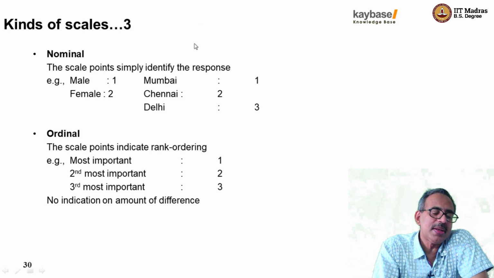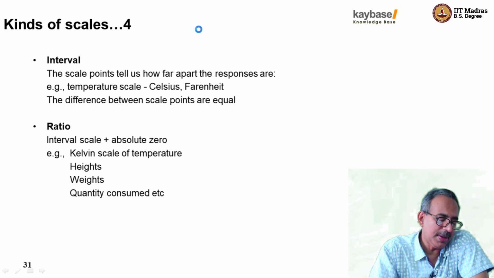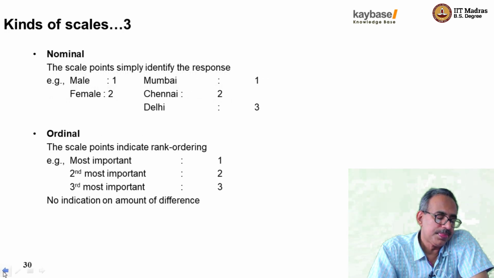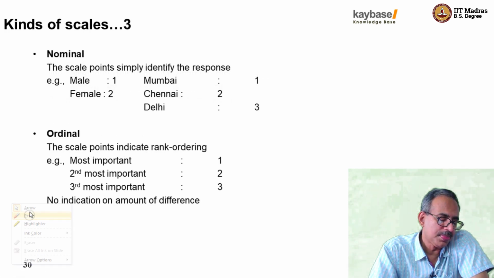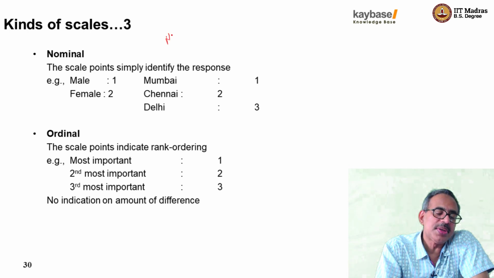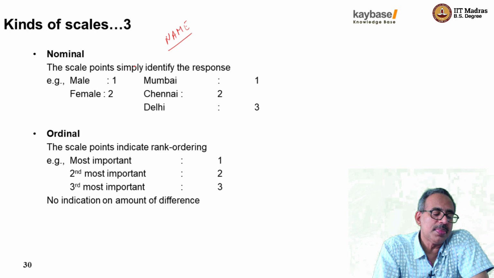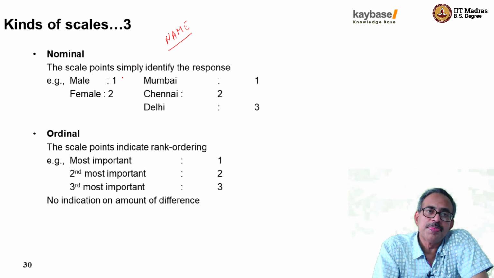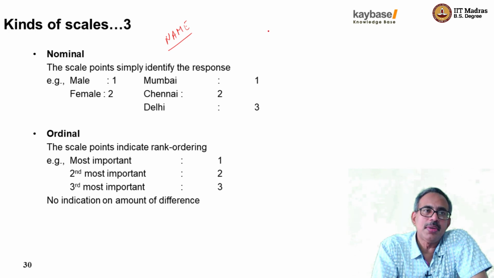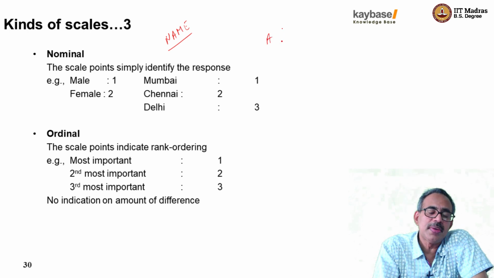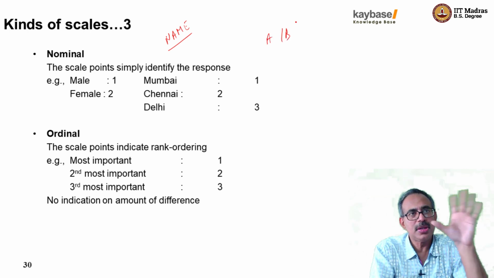A nominal scale is simply a name. We label a respondent as male or female. We label the city as Bombay, Chennai, Delhi, right? We say boy, girl. We say brand A, brand B. We're just attaching names, labels.